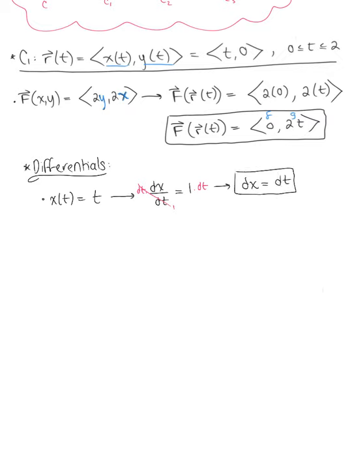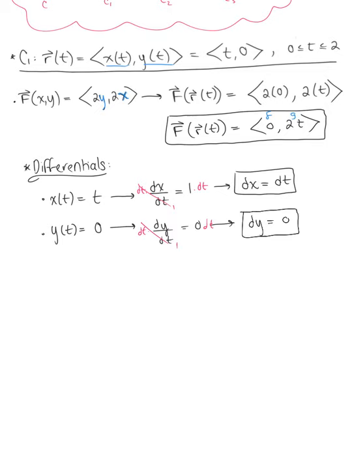And then we want to do the same thing for y of t. So here y of t is equal to 0. So the derivative of y with respect to t is simply 0. And again, if we multiply both sides here by dt, we can see that dy is equal to 0.